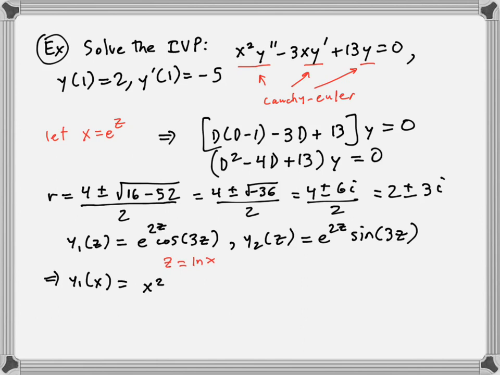So it's x squared cosine of 3 ln x, and that's y1 of x. These are the two linearly independent solutions. The other one, y2 of x, is going to be x squared sine of 3 ln x.